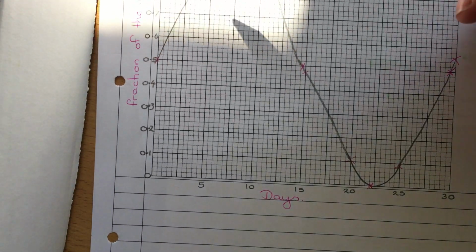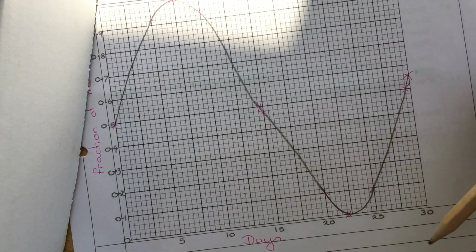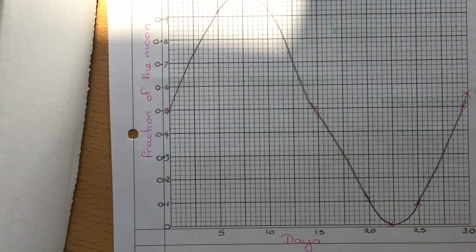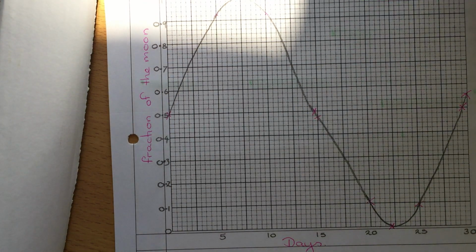That'll do. So we've got our maximums in the right place, we've got our minimum in the right place, it's crossing at the midpoint at the right place, and we've got all of the other bits plotted.